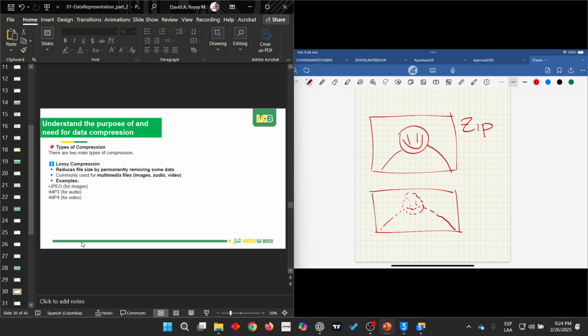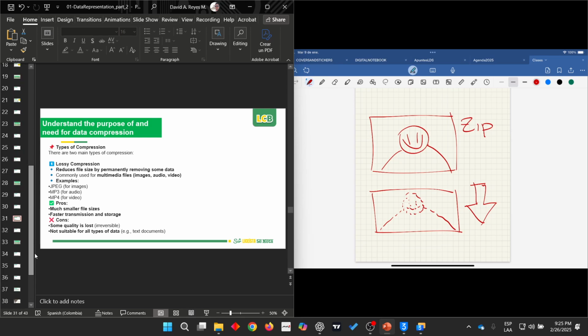Why? Because lossy makes the quality of your image, your audio, or your video be downgraded. That means the quality is going to be poor. Okay? So that is lossy compression.